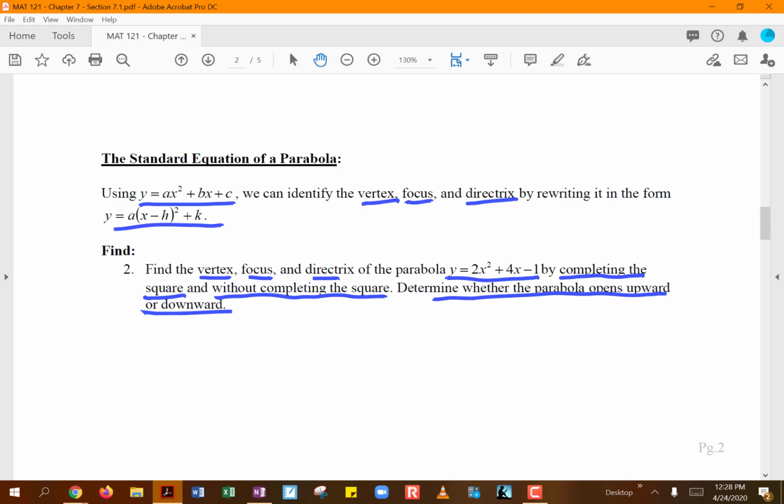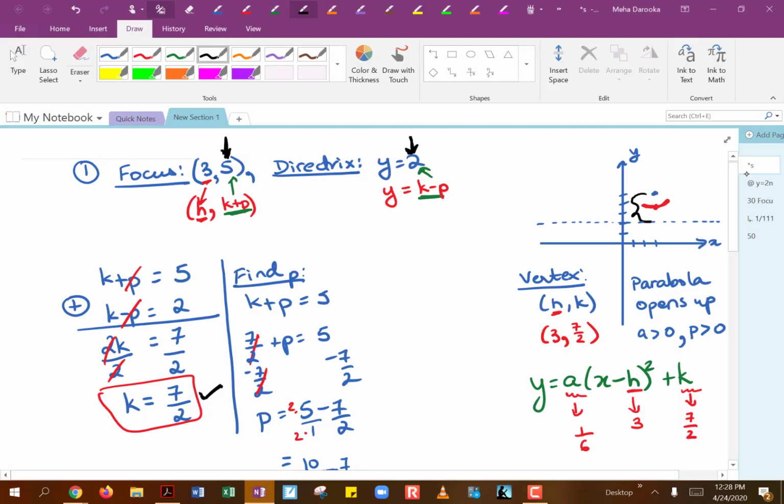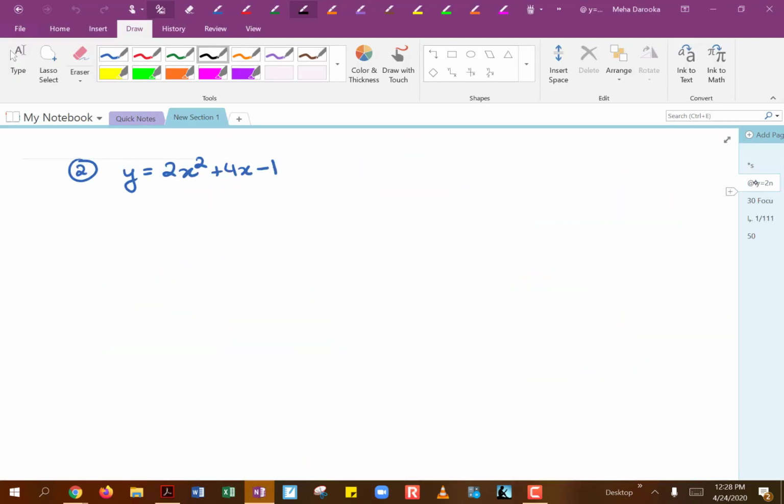Alrighty. So let's go ahead and take a look at this example over here. So y equals 2x squared plus 4x minus 1. So of course you can see our a value here is a positive number. So since a is a positive number, because of course a equals positive 2, then that means our parabola opens upward.